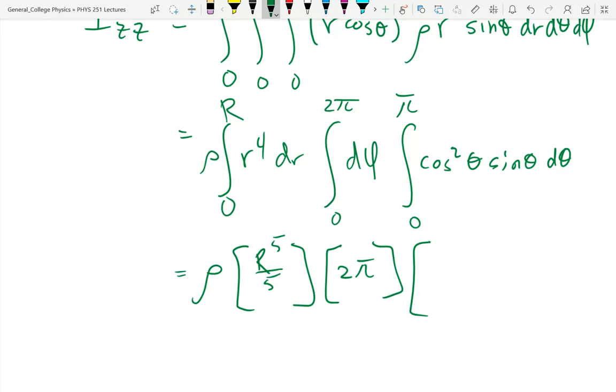If you let u equals cosine theta, what's du equal to? Minus sine theta d theta, right? Yeah. And so this is just minus u squared du. Integrate that, and it's minus u cubed over 3.